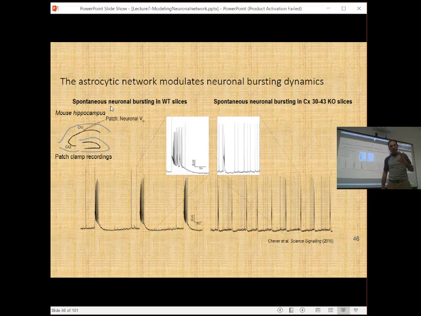I'm going to show you that we need to add something in the model, which is called after hyperpolarization, to understand this, and to understand how when you affect the glial cell connectivity, which in some sense affects what should happen inside the astrocytes, it reverberates and has a consequence on the neuronal activity. And that's a way to understand how two networks communicate.